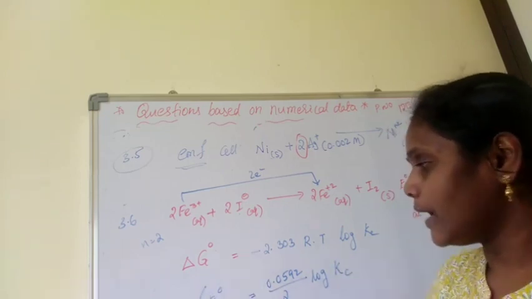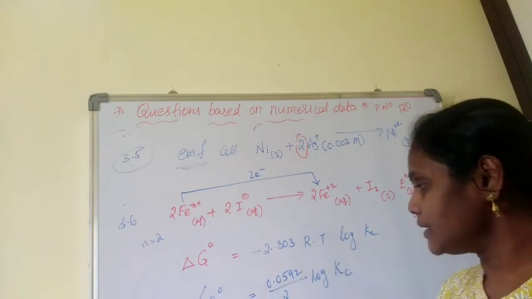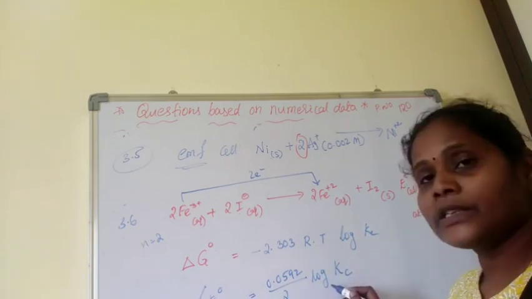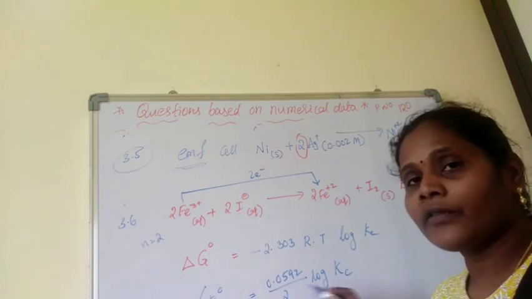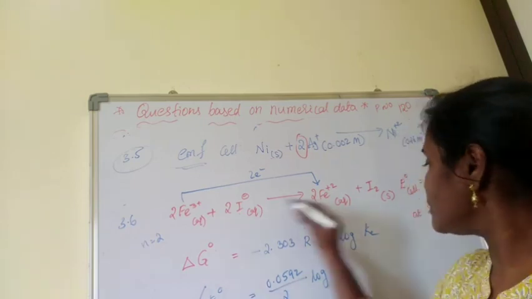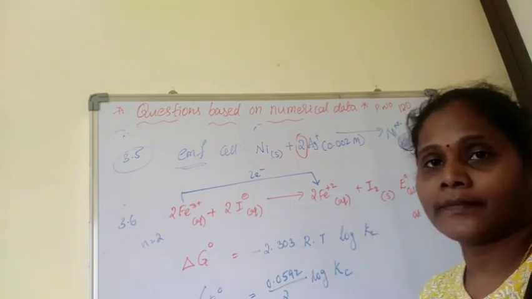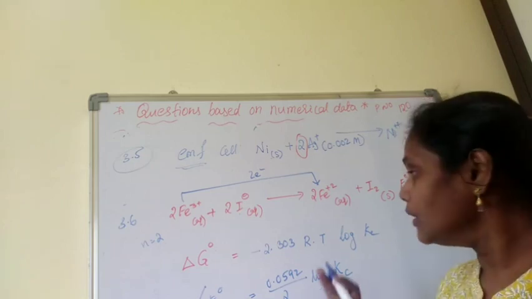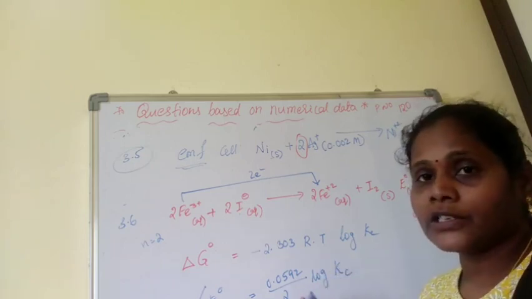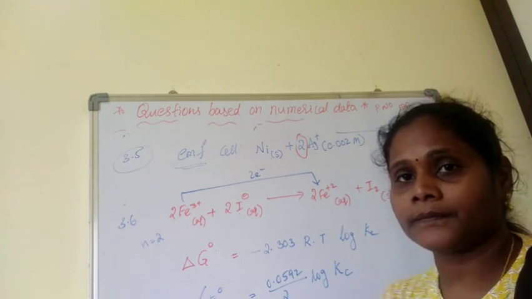Here I know this value, therefore substitute in this. n I know, so you can find log Kc, take the antilogarithm of it, and substitute it in this equation to get the answer. Okay, I am not doing this reaction and its answer completely here.